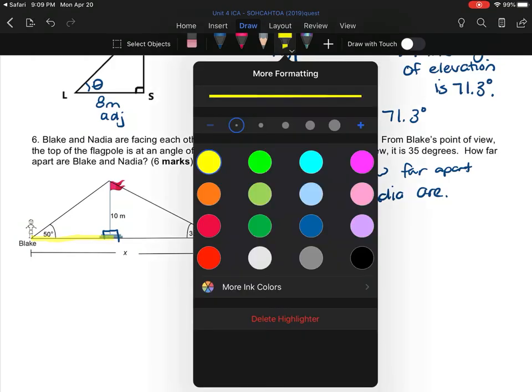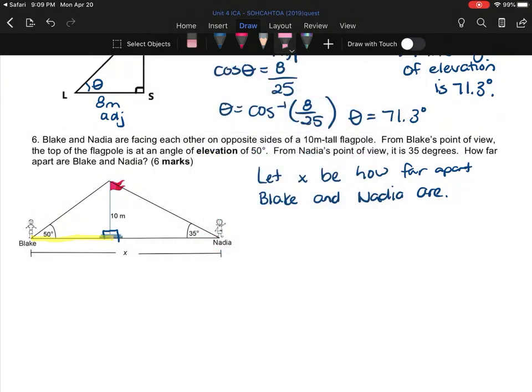So I'm going to get out my highlighter. We have this length, so sort of Blake's triangle, and then we have Nadia's length. Okay? Doesn't matter which one you solve for. So then in this case, we have two little lengths that we're going to have to add together to get to the big length. Okay?